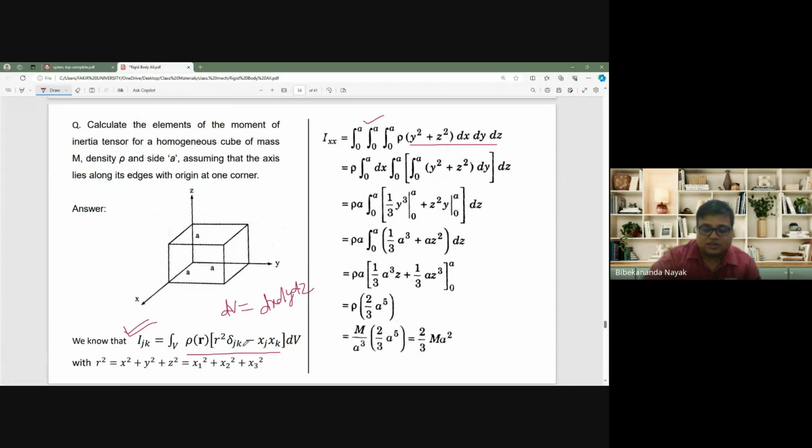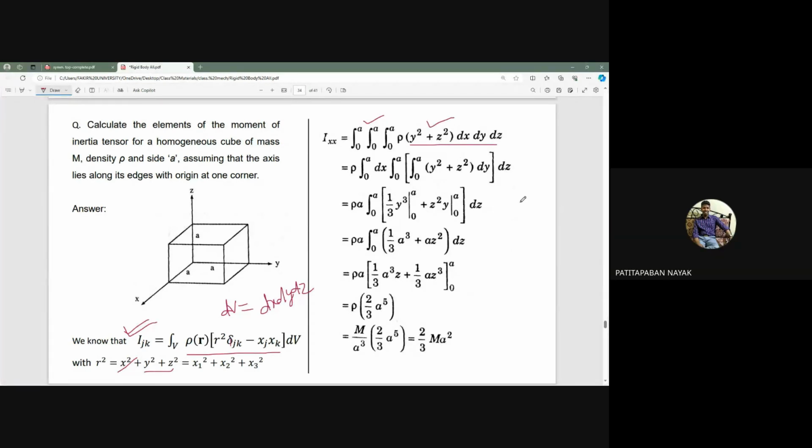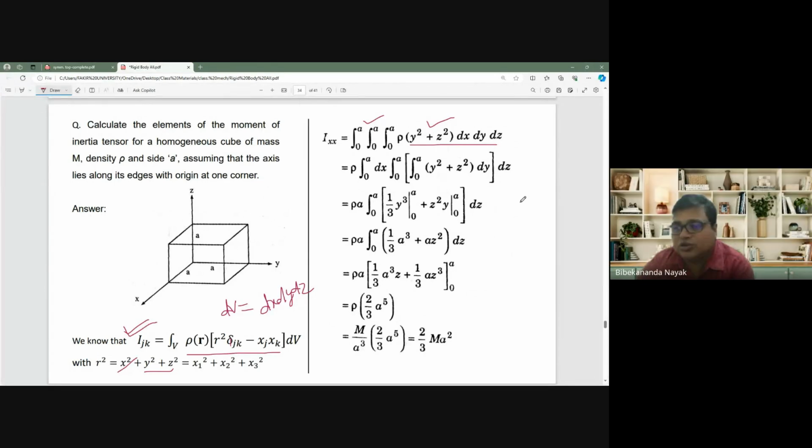If both indices are the same, then delta is 1. So r squared minus x squared, where r squared is x squared plus y squared plus z squared, minus x squared. The x squared cancels, leaving y squared plus z squared. Understood? Then you get the integration.